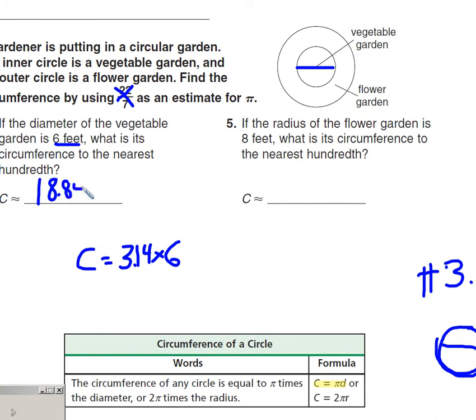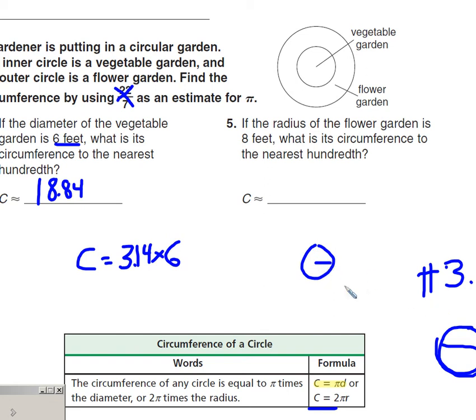And that's an approximation. Okay, so on this next one, the radius of the flower garden is 8 feet. Let's say it's 8 feet, that's the radius. So that's half. The radius of a circle is from the center to the edge.